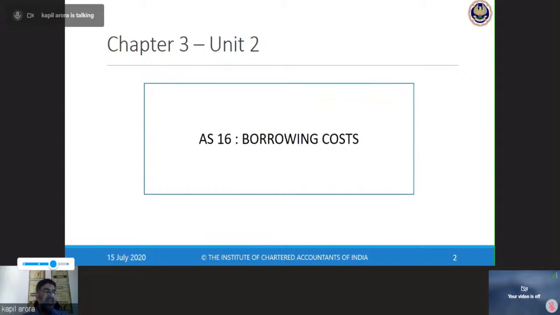You have identified a plot which you want to buy, but that plot already has two floors which you don't want to keep. You want a newly constructed house. So what would you do with those old two floors? You will demolish those old two floors and then build a new building from there.